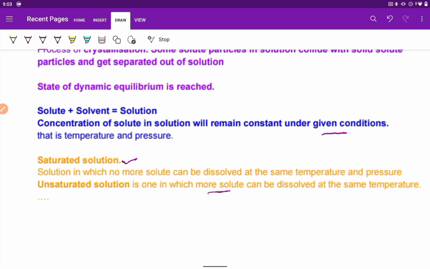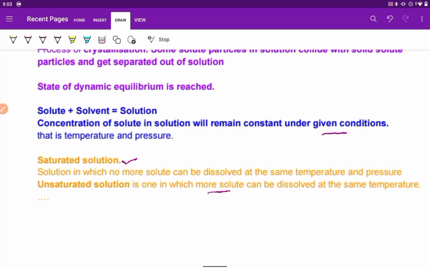Now if the solution is in dynamic equilibrium with undissolved solute, that is a saturated solution. In that, the solute is no more dissolving. It contains the maximum amount of solute which is dissolved in that amount of solvent.